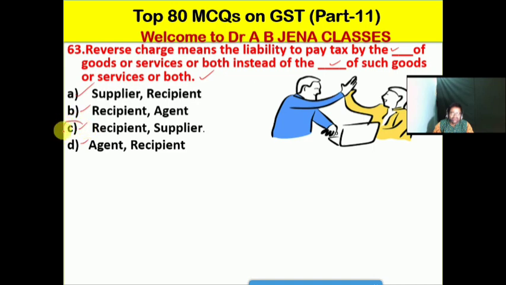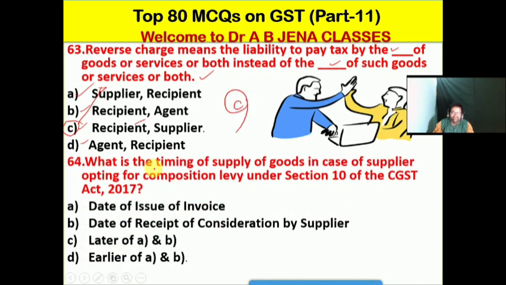So friends, C is the right option for this MCQ. Reverse charge means the liability to pay the tax by the recipient of goods and services or both instead of a supplier of such goods and services. Friends, C is the right option for this MCQ.